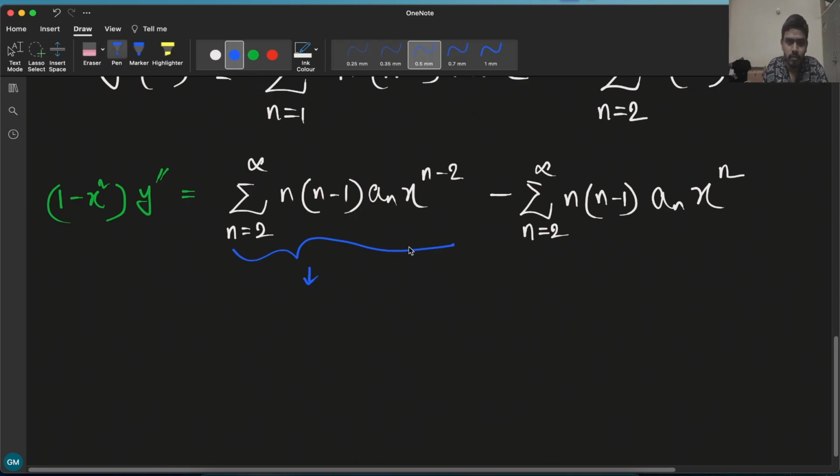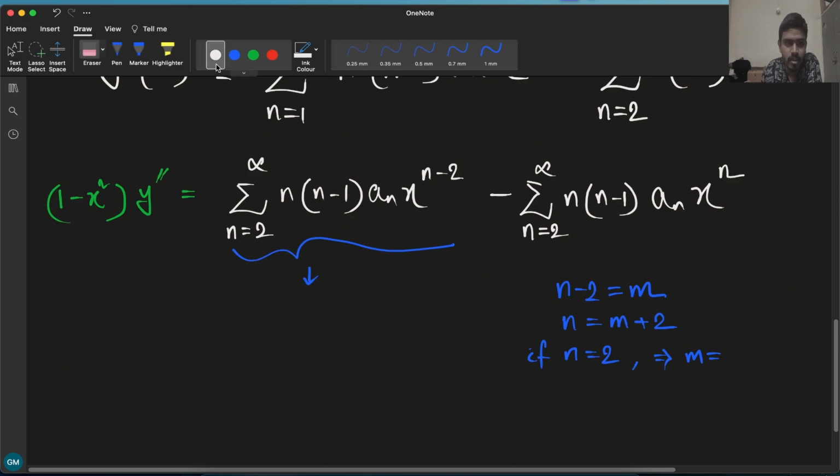For this term, let's take n minus 2 equals m. In that case, n equals m plus 2. The summation was starting from n equals 2, so I want to replace the summation limit also.